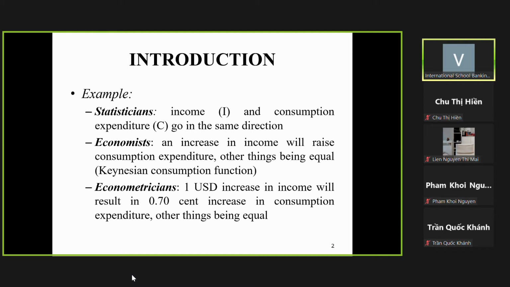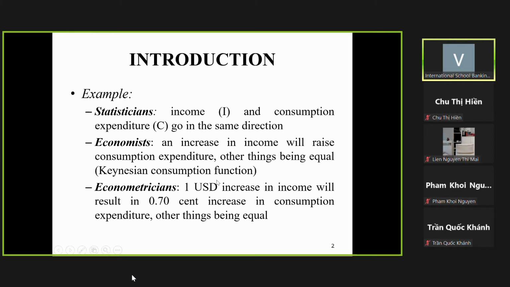But in econometrics, we want to know more. We know that income and consumption expenditure have a positive relationship, but we want to know more. We want to know if income increases by $1 or 1 unit, how many units the consumption expenditure will increase.